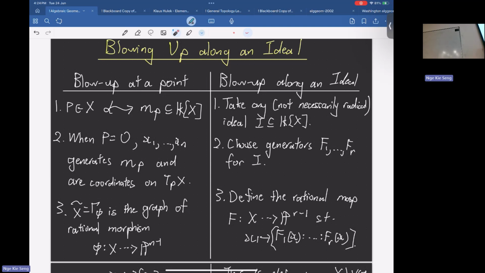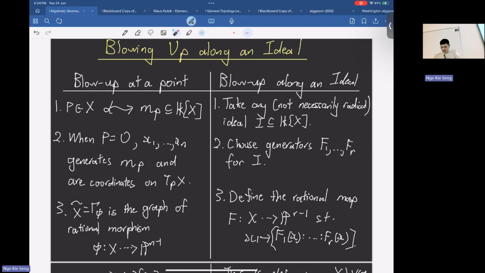So similarly, if you have an ideal, you can look at the generators. The x_i are the generators for your maximal ideal here. For a general ideal, we don't care what kind of ideal, not necessarily radical. You just pick your generators, form this kind of map, and look at the line formed by these f_i on the image.